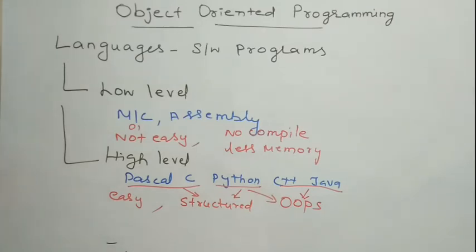Object oriented programming languages are based on objects, whereas structured programming languages are based on functions. That is the major difference between them.